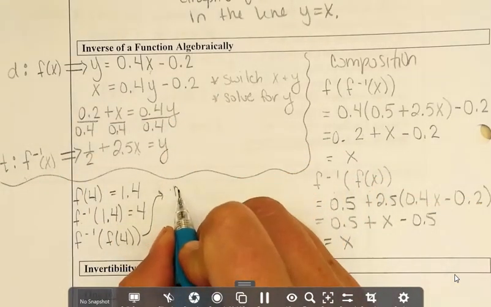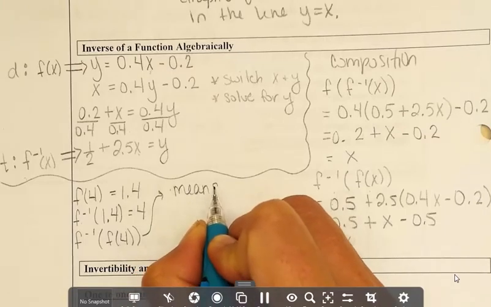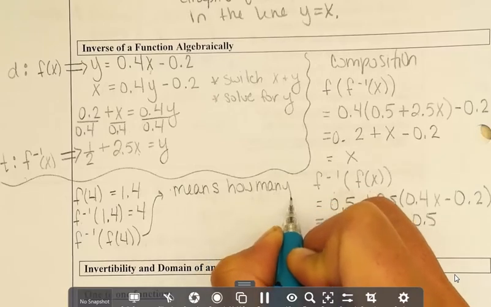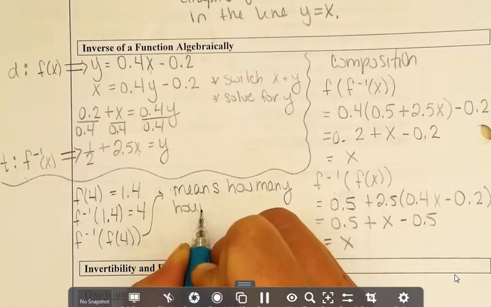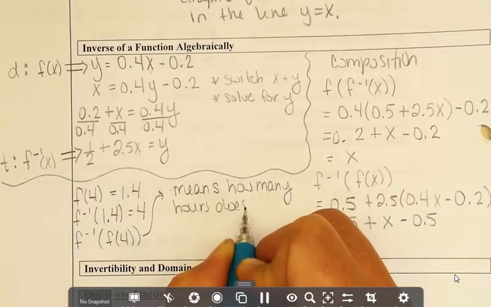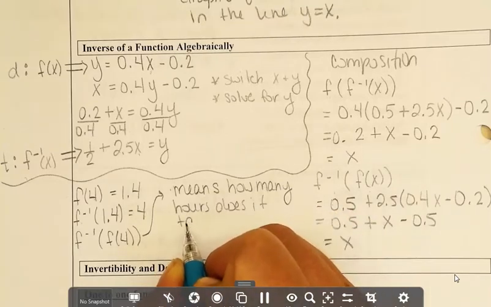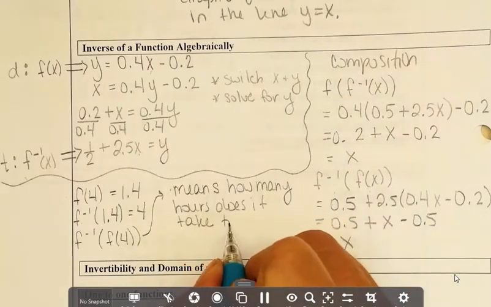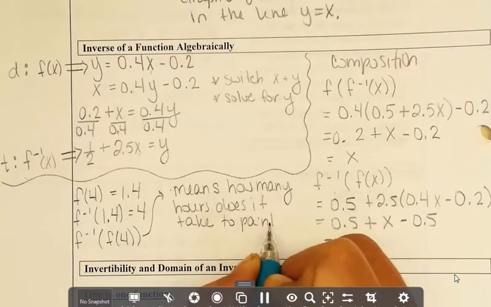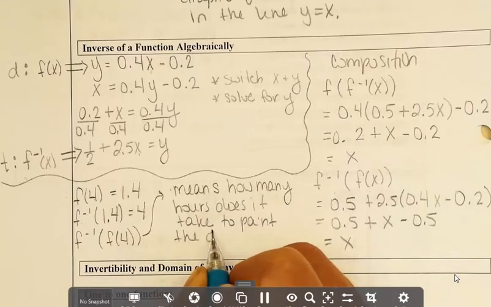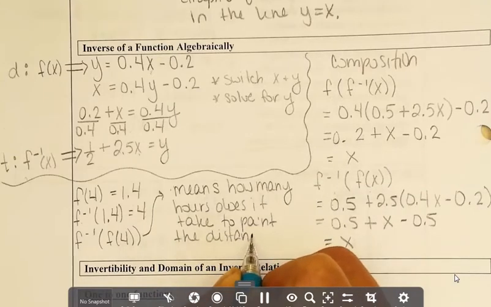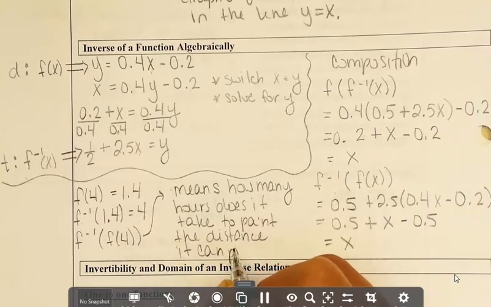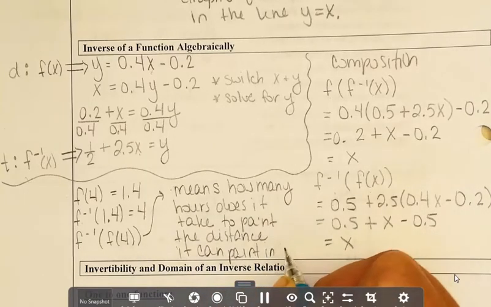So this means: how many hours does it take to paint the distance it can paint in 4 hours.